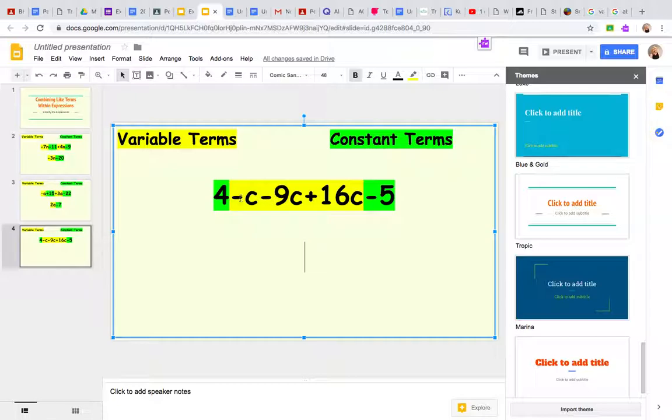Since they have the same sign, we're going to be adding those coefficients together. So we know that it's going to be a negative, and 1 plus 9 is going to give us 10. Then we have plus 16.